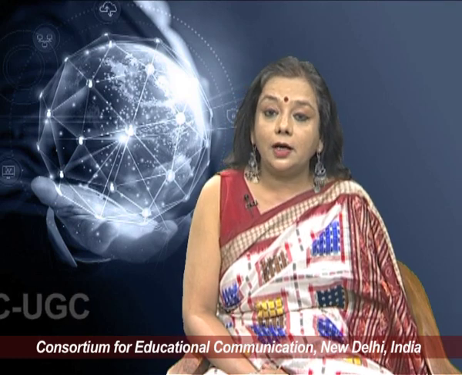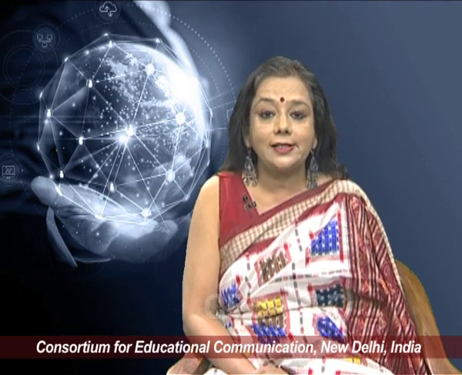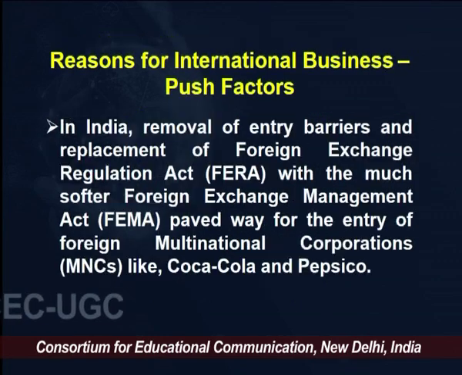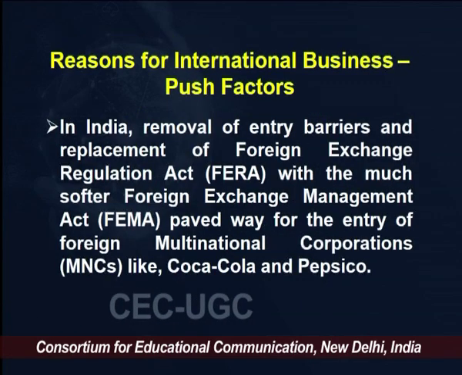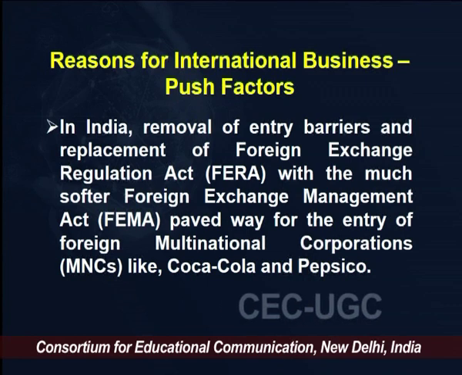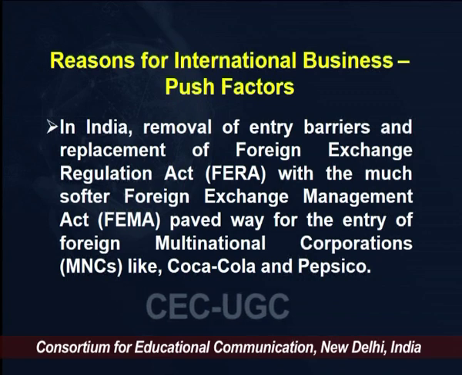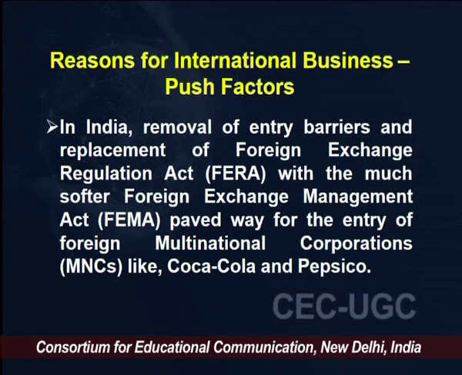Many of the Indian brands were taken over by these cola giants. Many Indian organizations are now systematically planning to go international in a significant way. In India, removal of entry barriers and replacement of the Foreign Exchange Regulation Act (FERA) with the much softer Foreign Exchange Management Act (FEMA) paved the way for the entry of foreign multinational corporations like Coca-Cola and PepsiCo.